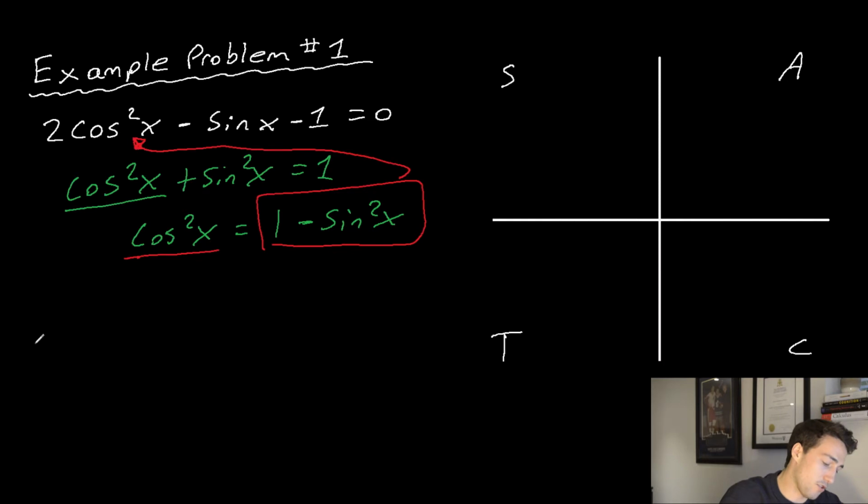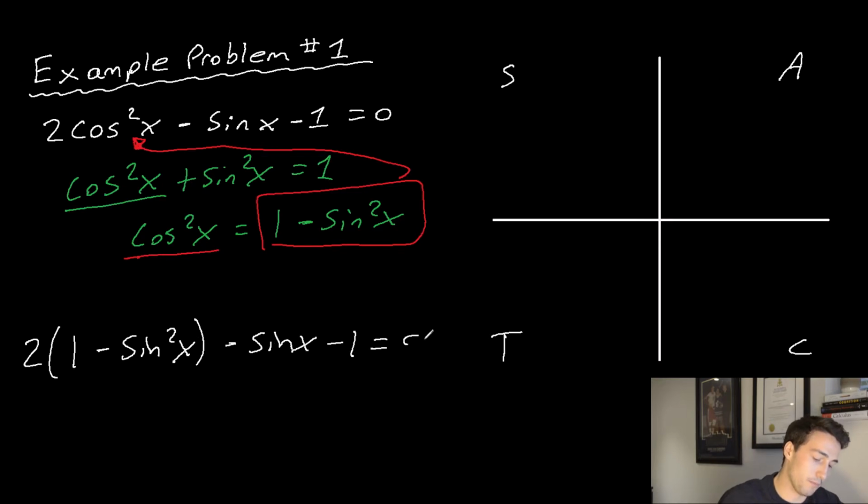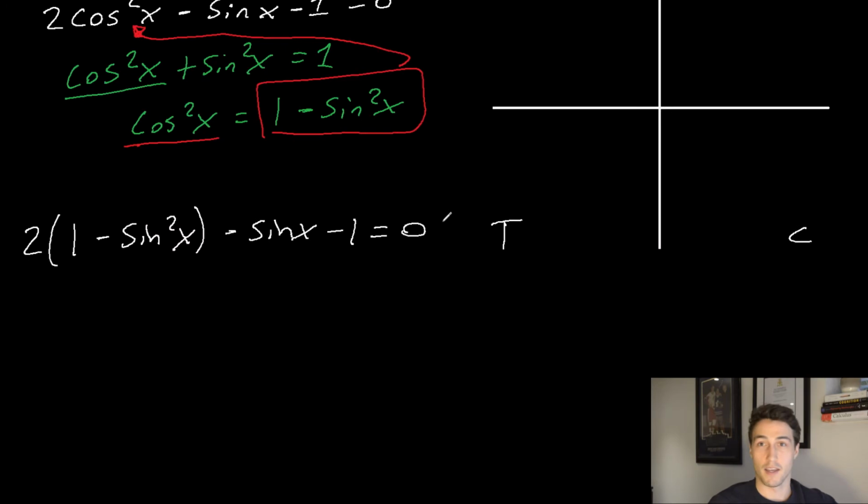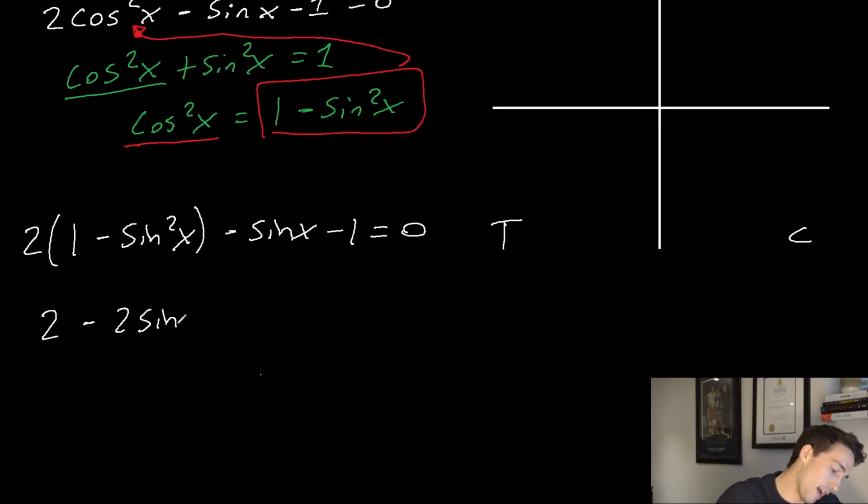So then we're going to get 2 times (1 minus sine squared x) minus sine x minus 1 is equal to 0. If I expand this bracket out, I get 2 minus 2 sine squared x minus sine x minus 1 is equal to 0.